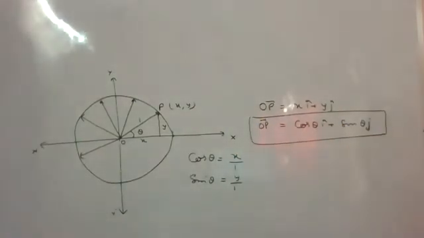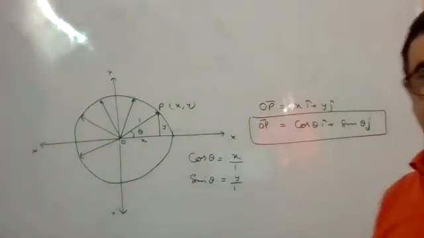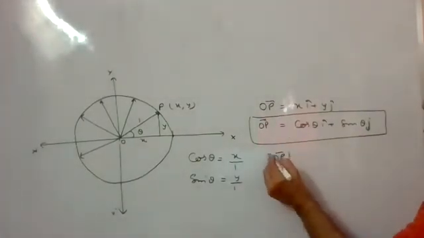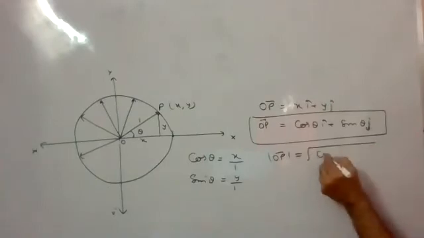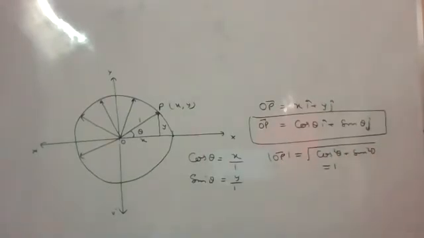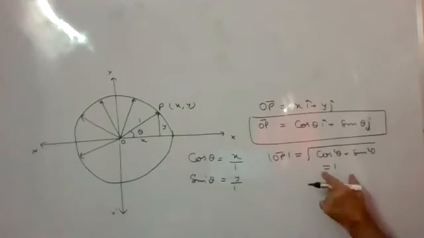Will this vector have magnitude 1 always? Yes. You can check: the magnitude of OP will come out to be root of cos square theta plus sin square theta, which is always 1.